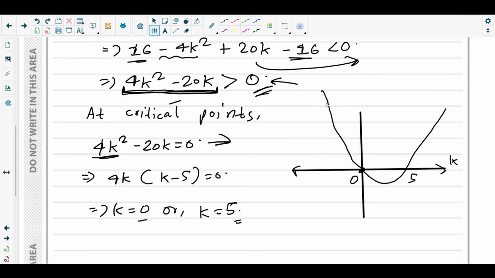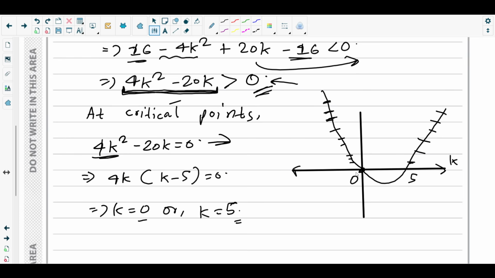So greater than 0 is basically the part above the x-axis, because at this part it's greater than 0. So at this region, the y value of the curve is greater than 0, and the k values for this region will support this inequality.